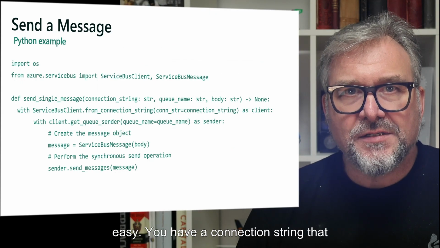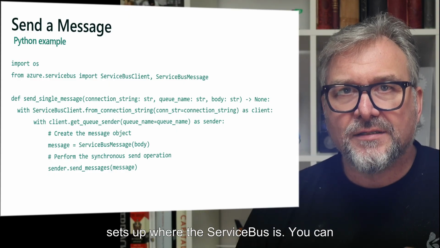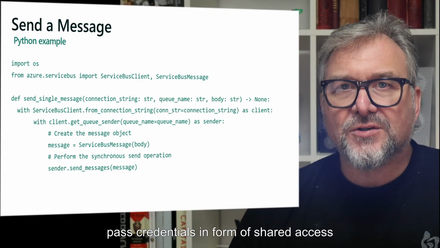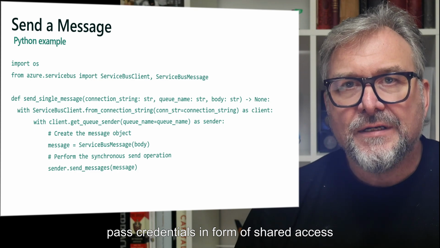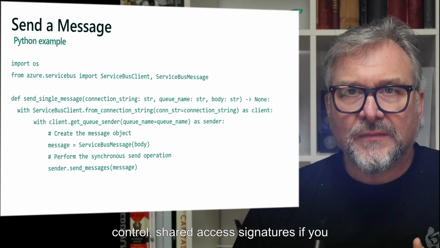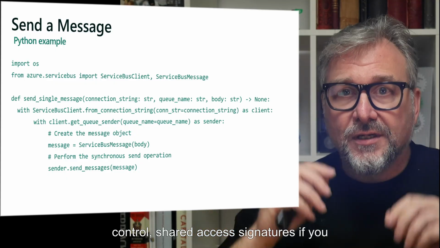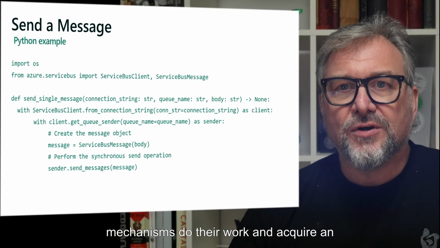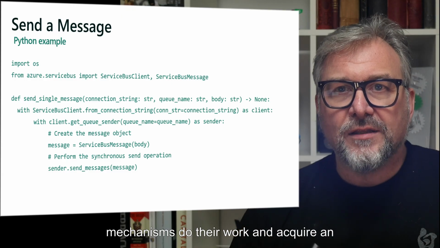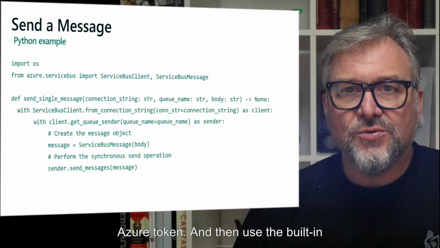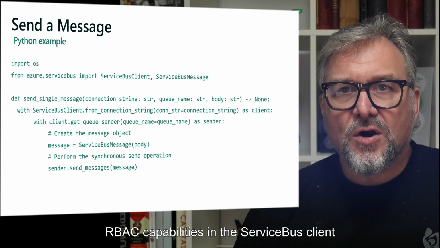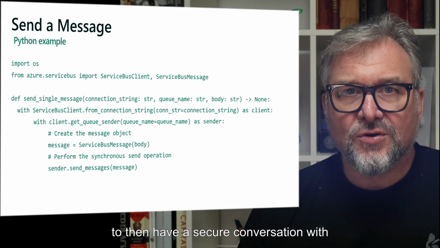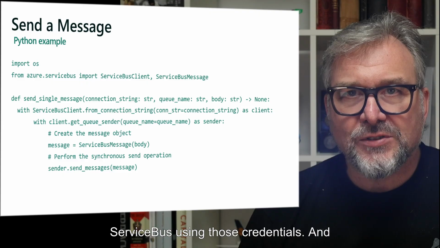Sending a message, super easy. You have a connection string that sets up where the Service Bus is. You can pass credentials in the form of shared access signatures if you want to, but it's recommended that you simply let the underlying security mechanisms do their work and acquire an Azure token, and then use the built-in RBAC capabilities in the Service Bus client to have a secure conversation with Service Bus using those credentials.